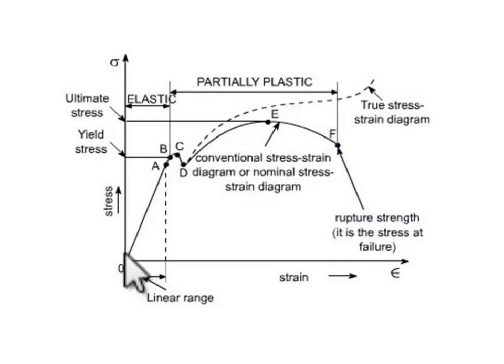It will resist that load, and stress will come into the picture. This region is called the elastic region. If we keep applying load, there will be a change in dimension, and the ratio of change in length to the original length is called strain, and stress is basically force upon cross-sectional area. This is stress and this is strain.